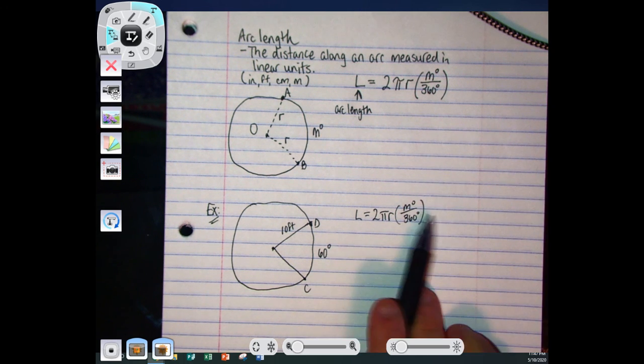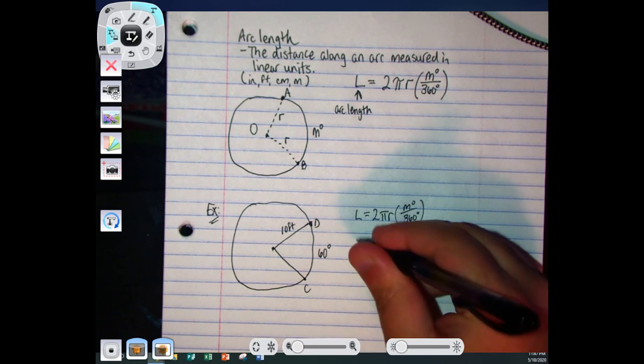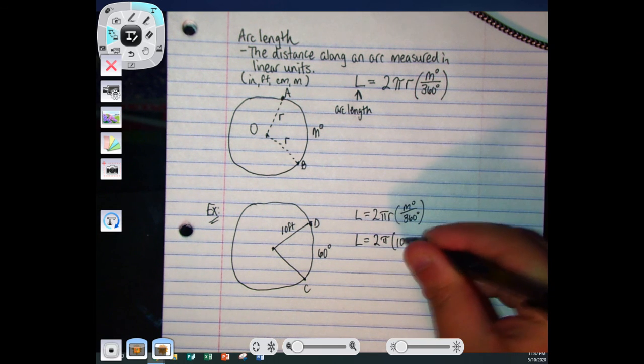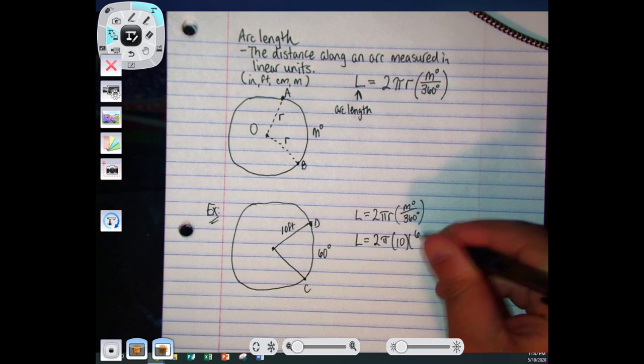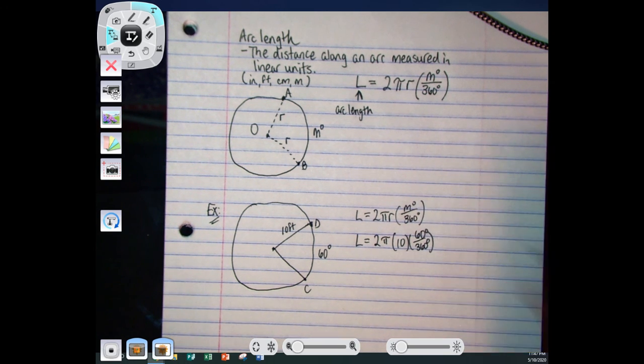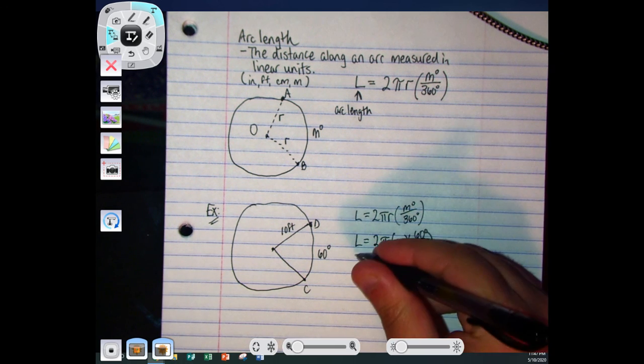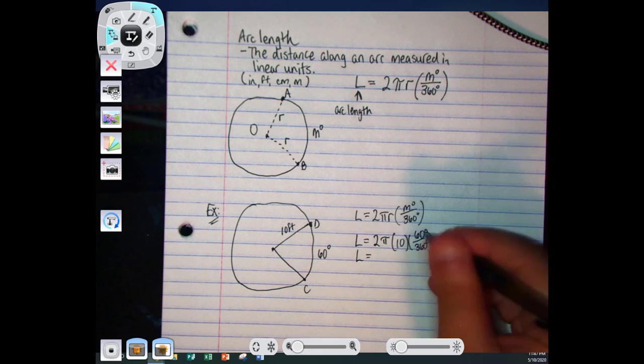At this point, it's just straight substitution. L is equal to 2 times pi times 10 times 60 over 360. When I multiply 2 times 10, it's 20.